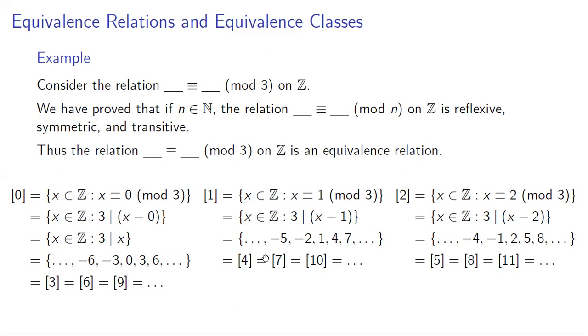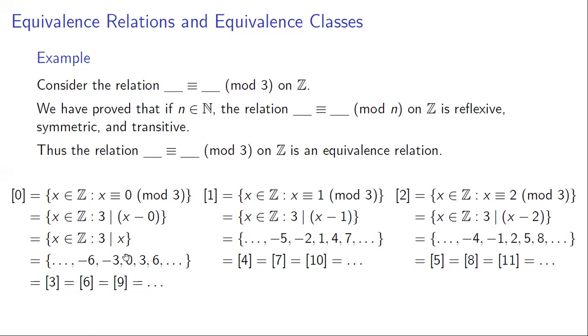So this is so for every integer, right? And also you can see here, we have 0, and then 1, and then 2, then 3, and then 4, and then 5, and then 6, and then 7, and then 8, and so on and so on. So these 3 sets altogether will include every integer, right?